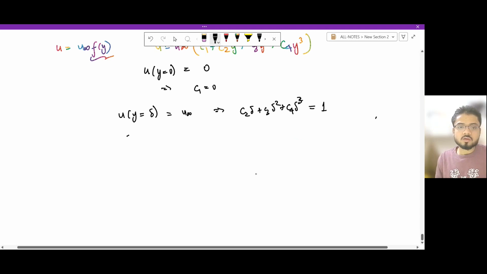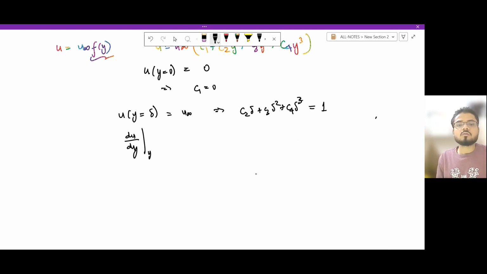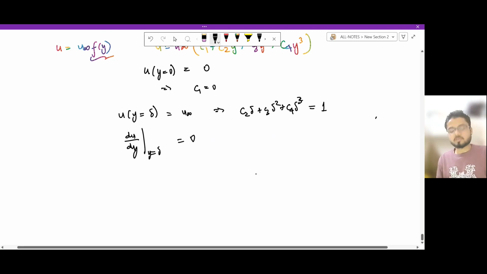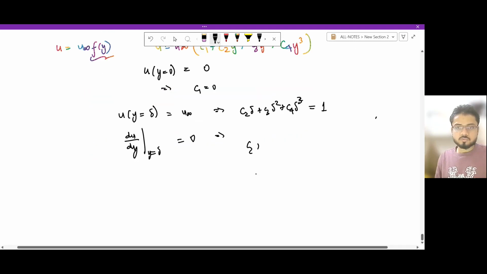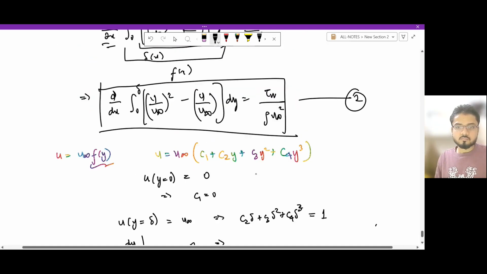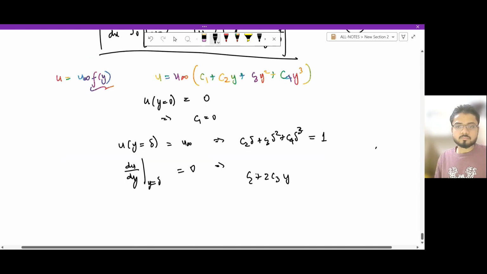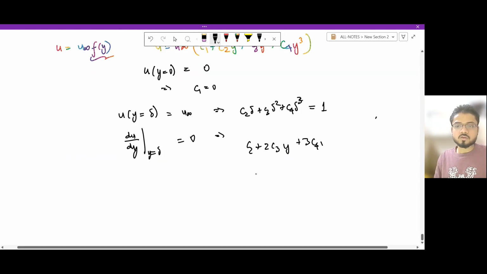So we have du over dy at y equals delta. This would also be 0 due to the shear stress condition inside the inviscid fluid. The shear stress in the fluid is 0. So leveraging that fact, we have C2 plus 2C3y plus 3C4y squared at delta equal to 0.